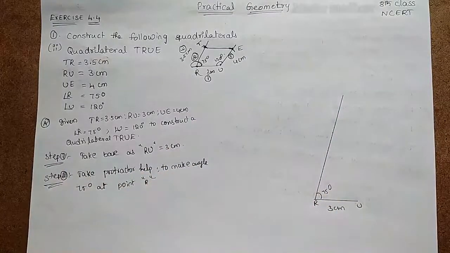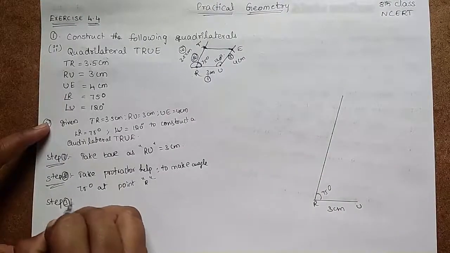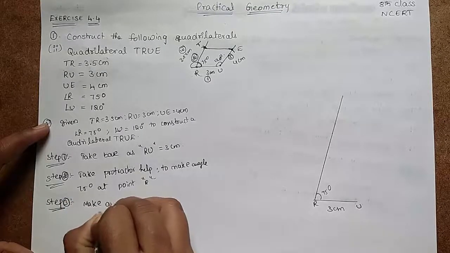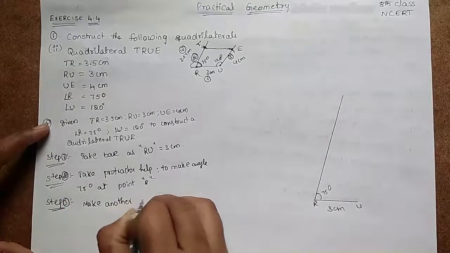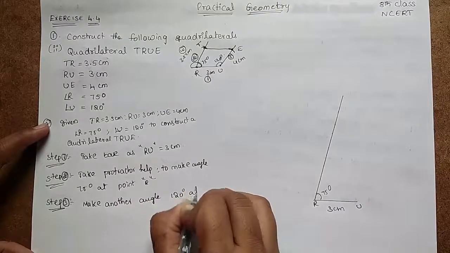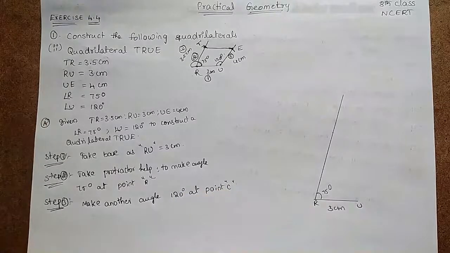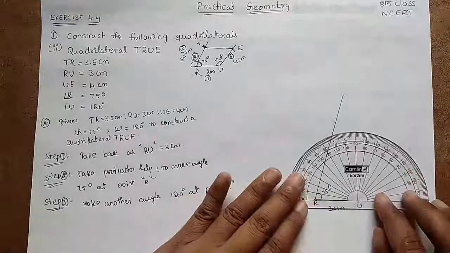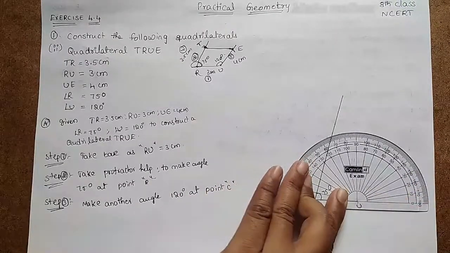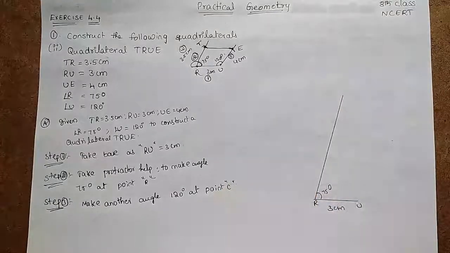Similarly take another step also. So step 3, make another angle 120 degrees at point U. So similarly take the protractor here and measure 120 degrees here.